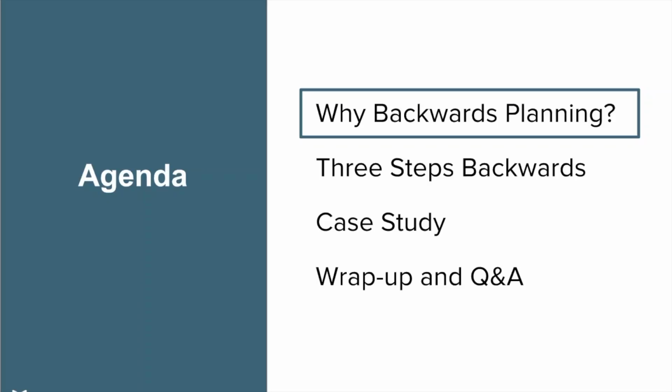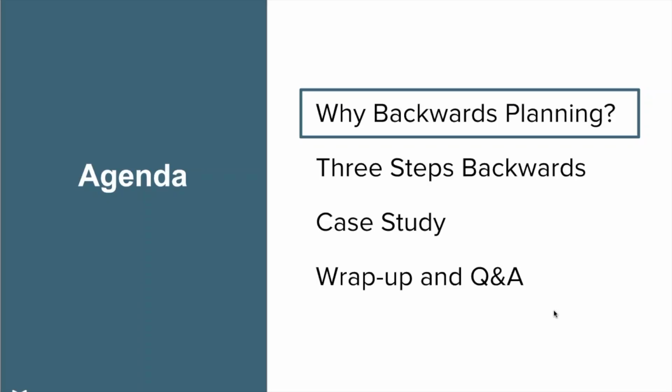We're going to cover backwards planning today and how it relates to course design, and more specifically, online course design when you're trying to create an experiential learning environment. All right, let me describe the agenda for what we're going to cover. First, I'm going to talk about what backwards planning is and why you should consider it. And then the meat of this discussion will really be about the 3 main steps for backwards planning.